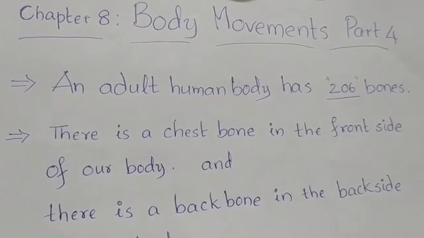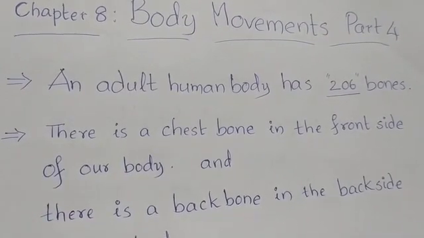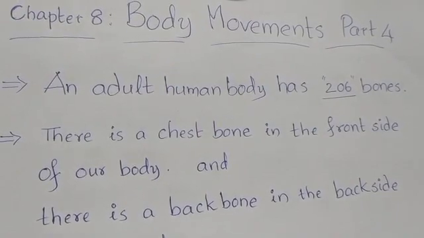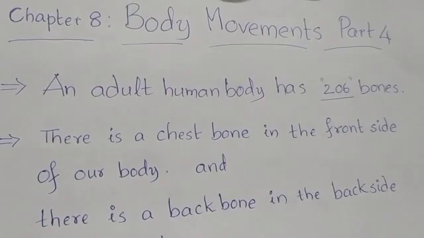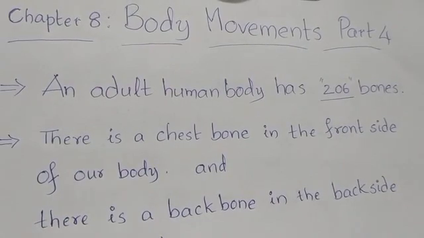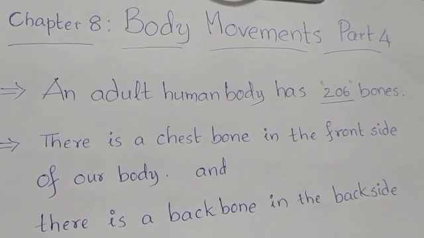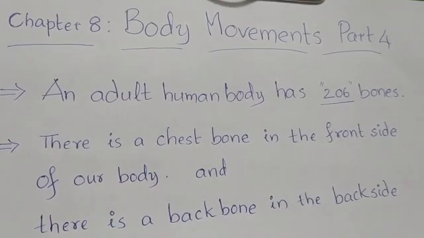Good morning, students. In the last class, we discussed the human skeleton, and we learned that the bones in our body can be seen by using X-rays, and X-rays were discovered by a scientist known as Röntgen, for which he was awarded the Nobel Prize in Physics in the year 1901.